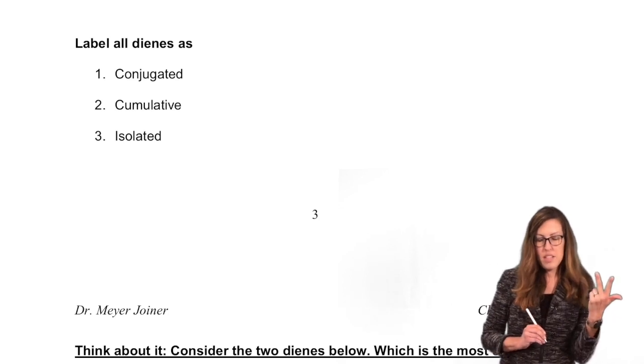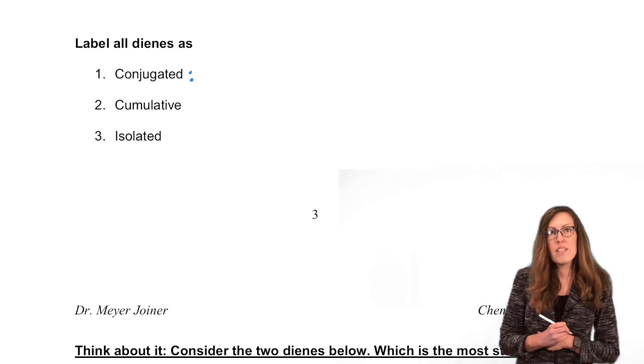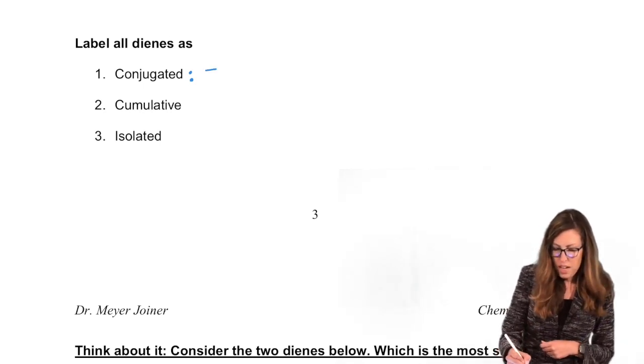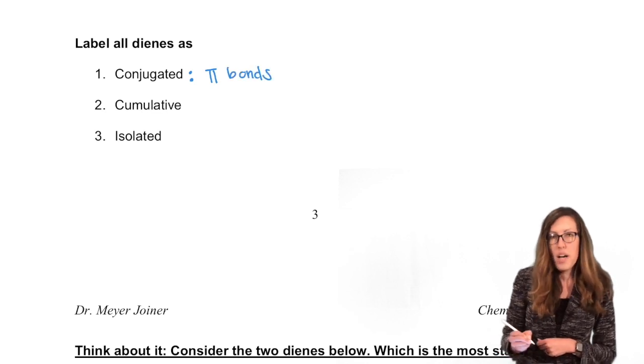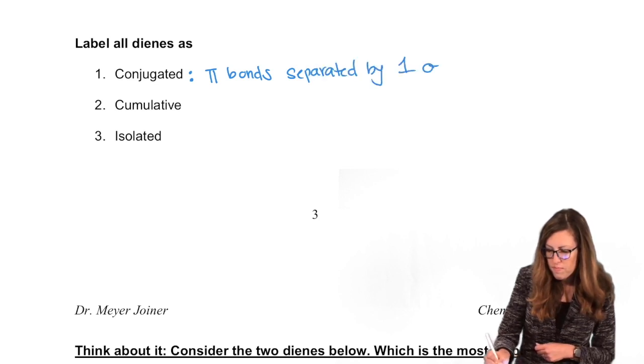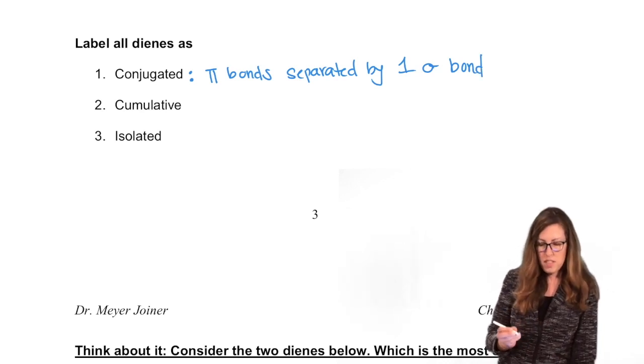And so let's just refresh what conjugated means if you have a diene. The 2 pi bonds in the diene, because there are 2 of them, will be separated by one sigma bond, and only one. I'm going to skip to the last definition because it's very similar to conjugated.